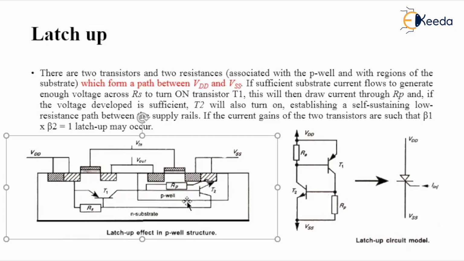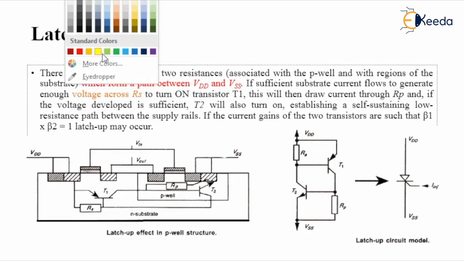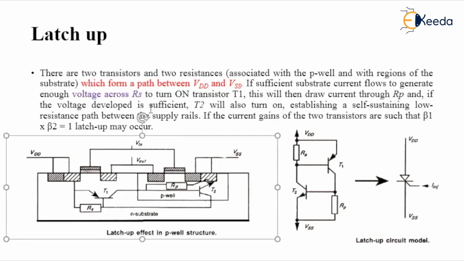So what he is saying is, if sufficient substrate current is there, it is enough to develop a voltage across RS. If current is there and here resistance RS, so I into R, there will be a voltage drop. This is voltage across RS, and this will turn on the transistor T1.